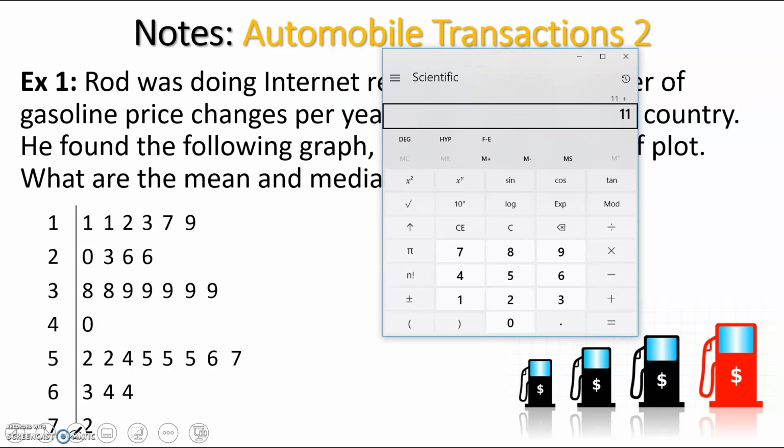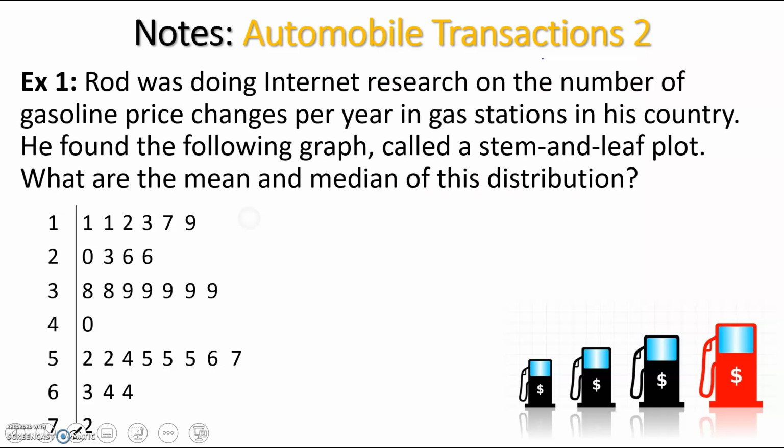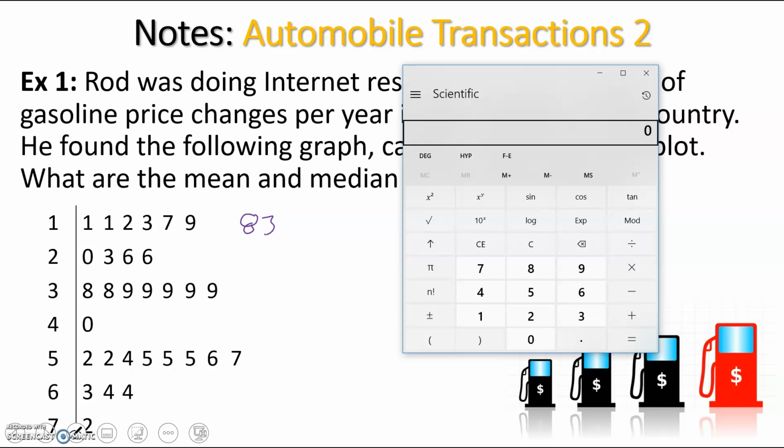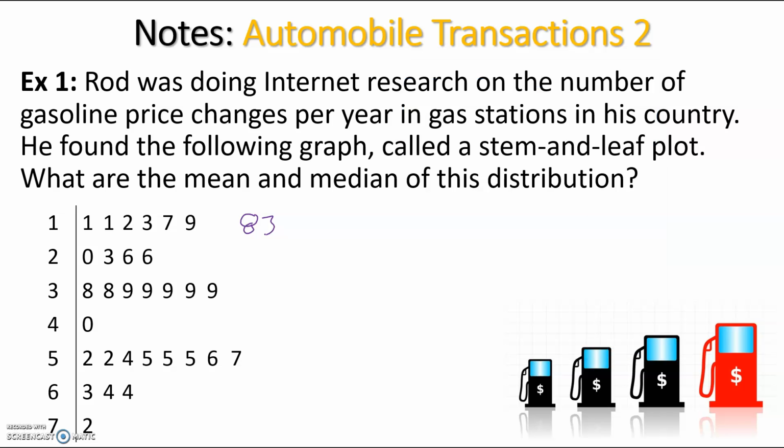So we have 11 plus 11 plus 12 plus 13 plus 17 plus 19. Our first row has a sum of 83. And I think by doing it one row at a time, you're less likely to make errors. Our second row is 20 plus 23 plus 26 plus 26, so that has a sum of 95.